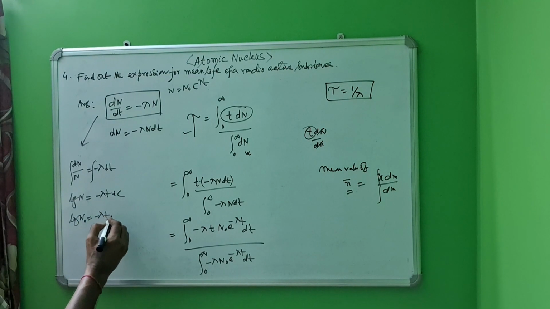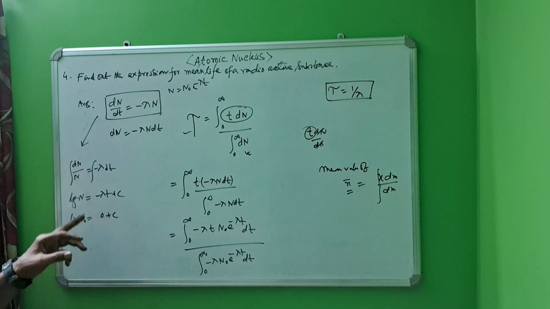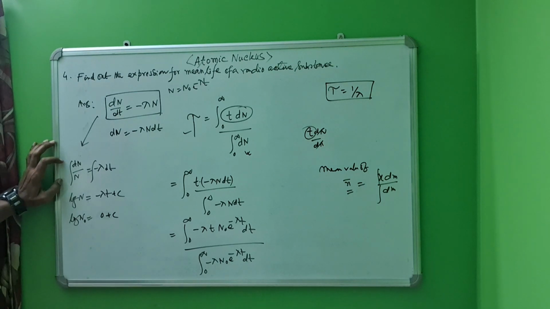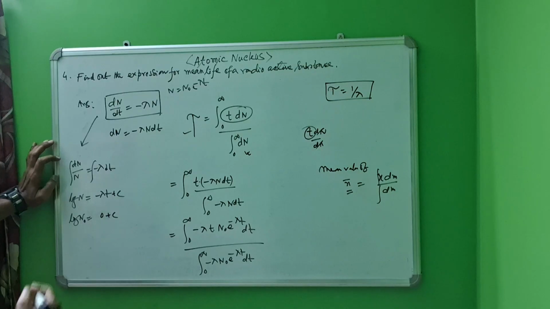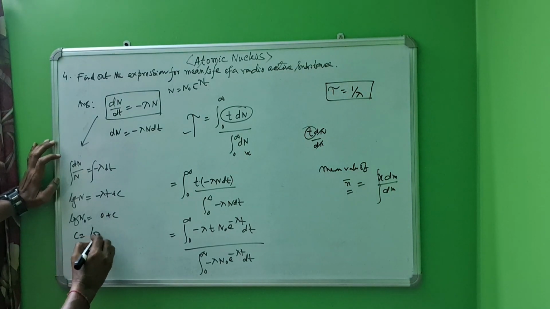When t equals 0, the total number of nuclei present equals N0, so c equals log N0.